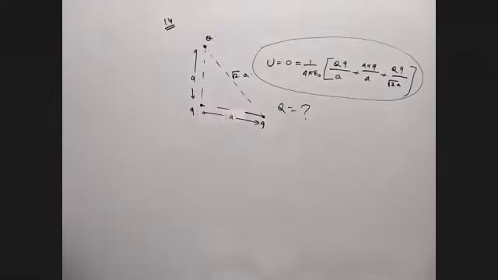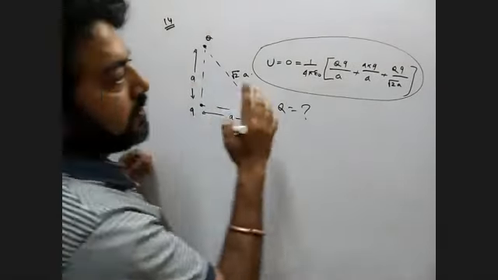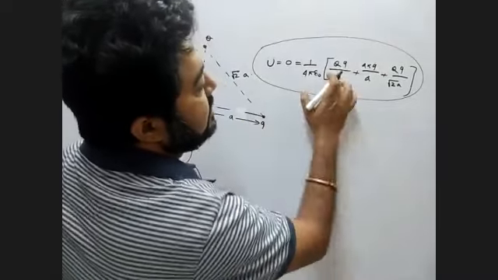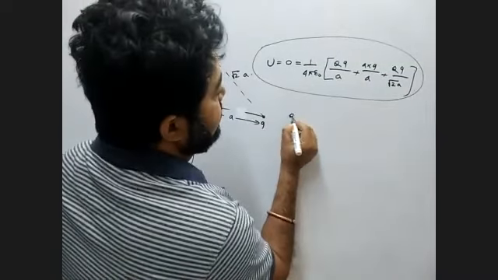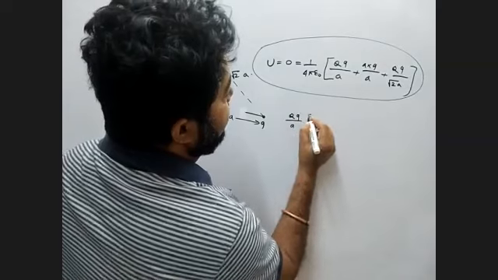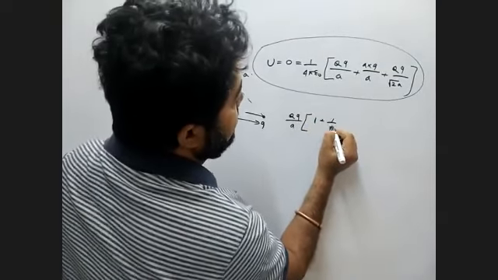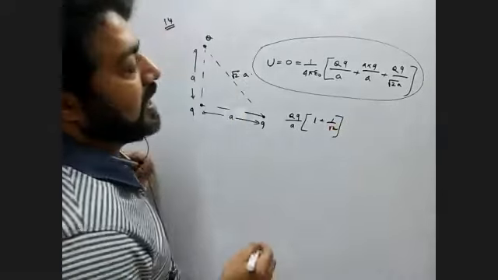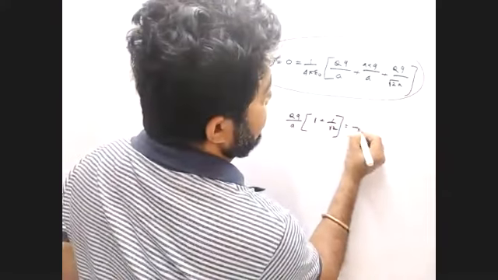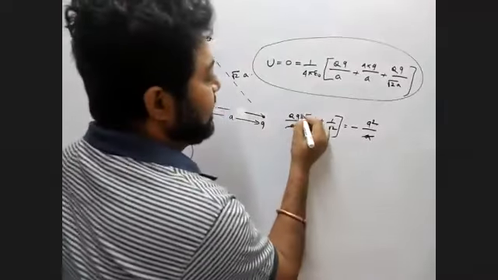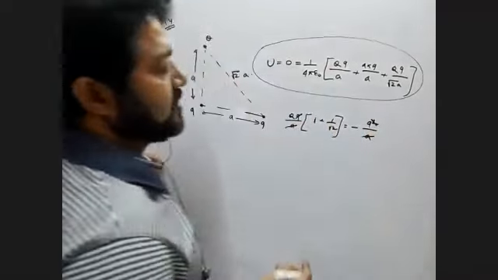See, it's a very simple question. When you have this type of question, you can do one thing. Take these two Q together. So Q by A, so what you have is 1 plus 1 by root 2, and that is equal to, taking this to the other side, minus Q square by A. So you can cancel this A. You can cancel this one Q. Is it okay?